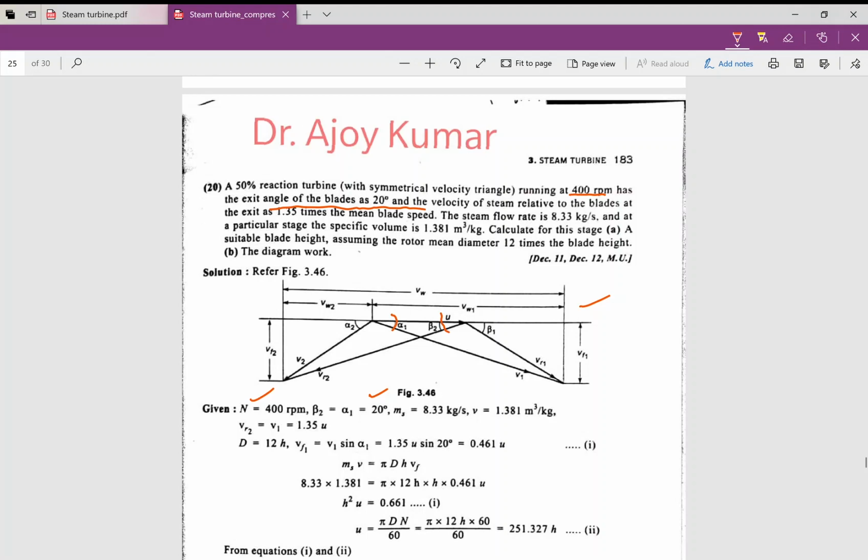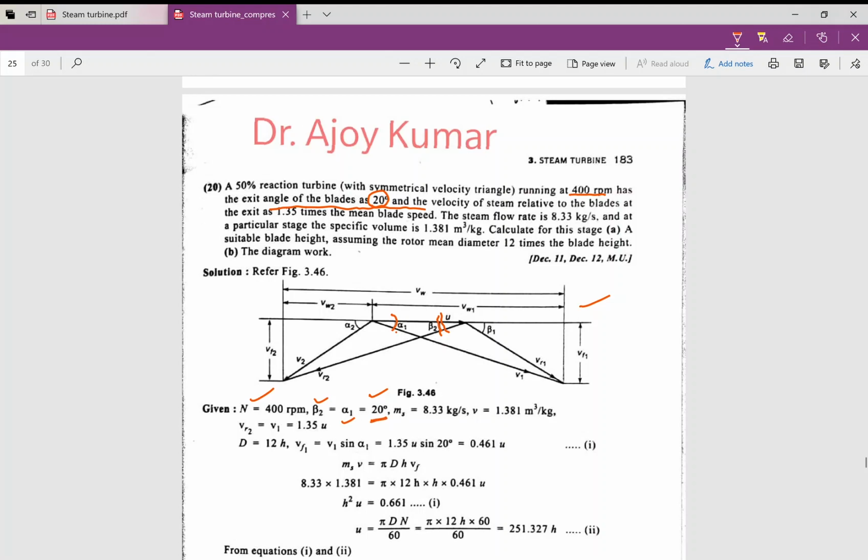Alpha 1 is equal to beta 2. So if the exit angle of the blade is given as 20 degrees, beta 2 is 20 degrees, and this beta 2 is equal to alpha 1, that is 20 degrees, right?